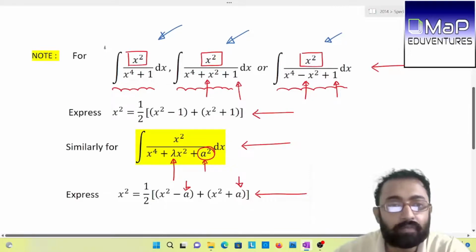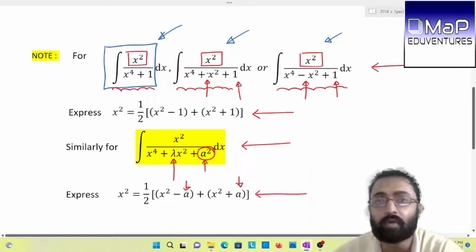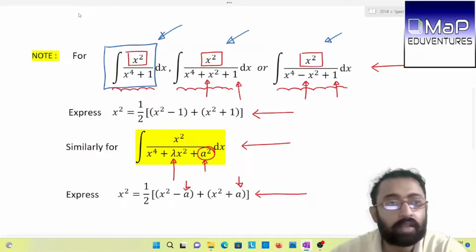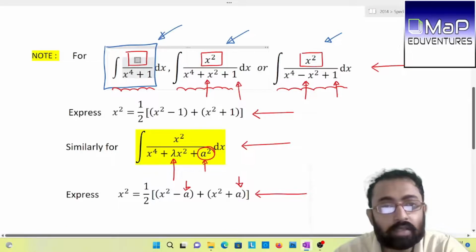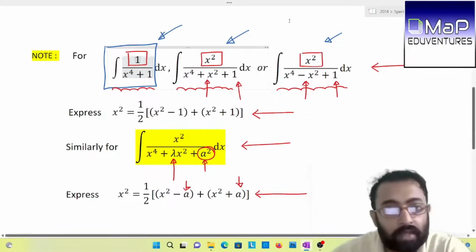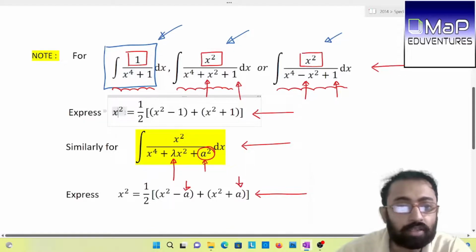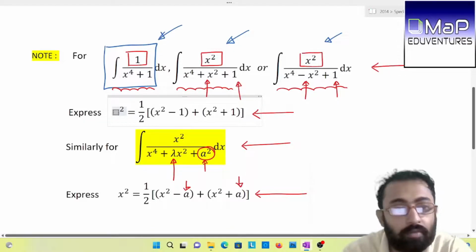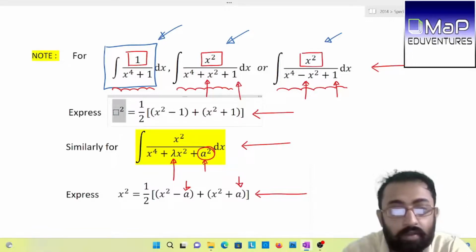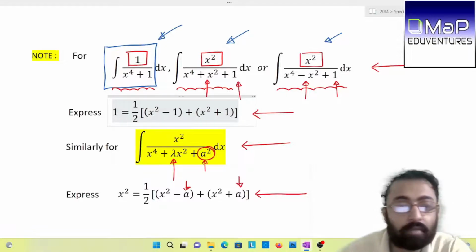Now take a look at this integration: integration of x squared divided by x to the power 4 plus 1. Now let me do one thing. If I remove this x squared and in place of that I place 1, then by simple logic we can also remove this x squared and bring 1.